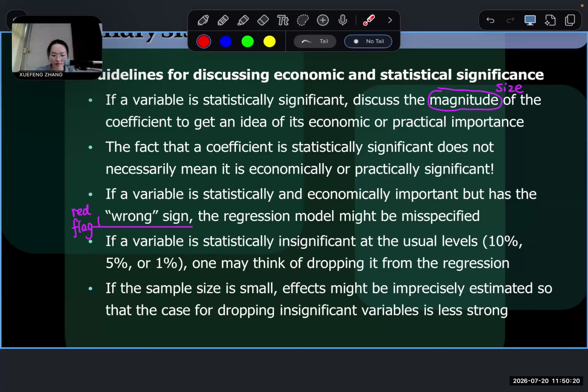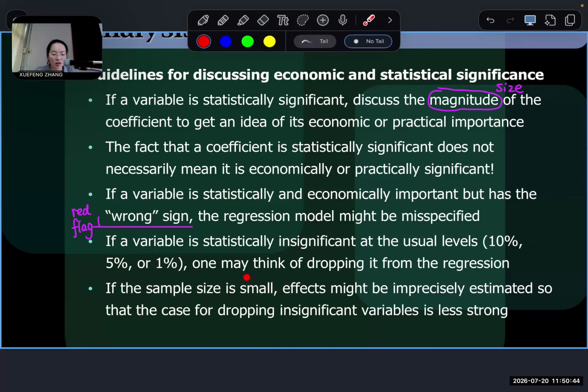Next one, if your sample size is small, effects might be imprecisely estimated, so the case for dropping an insignificant variable is less strong. Again, small sample caution. Fewer observations means larger standard errors.